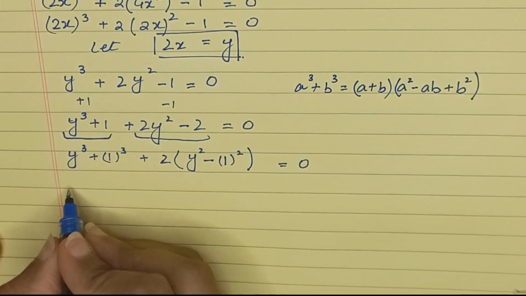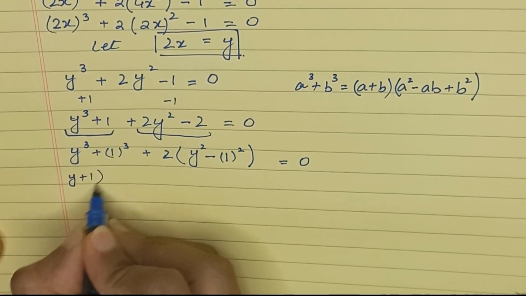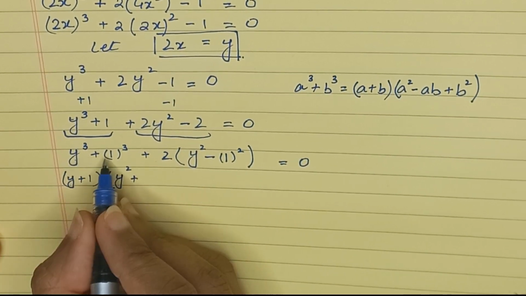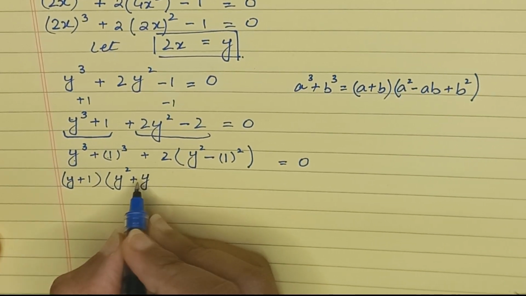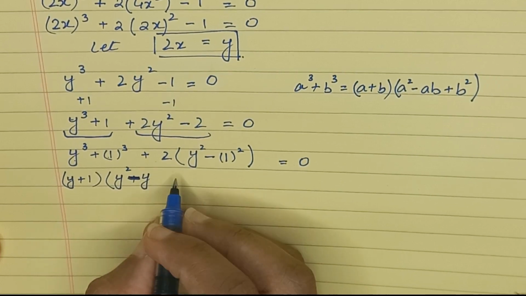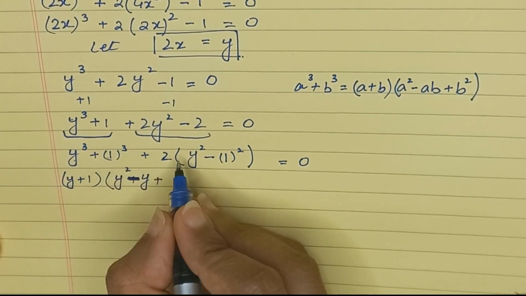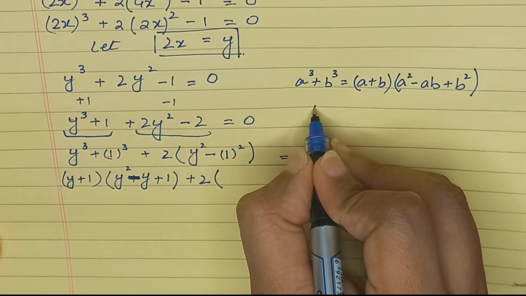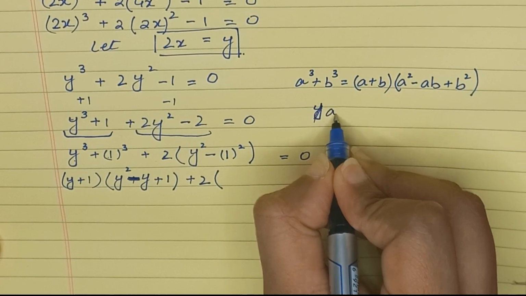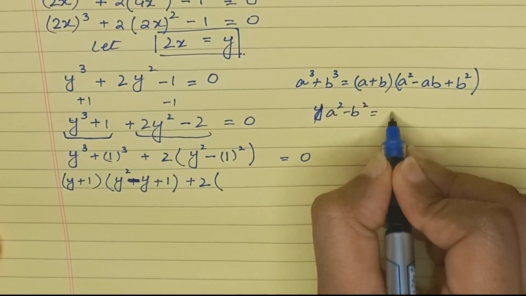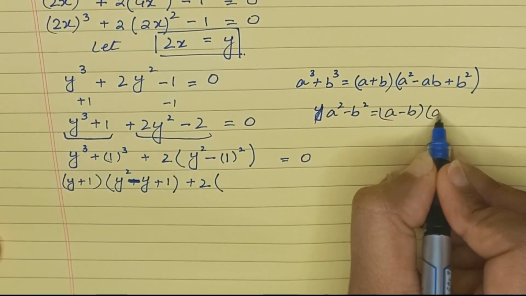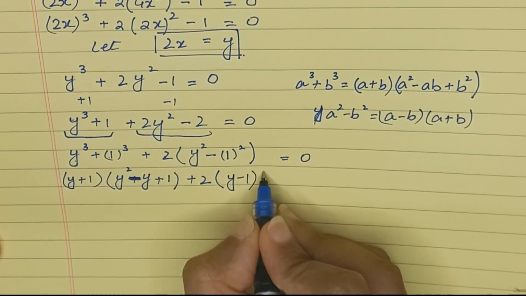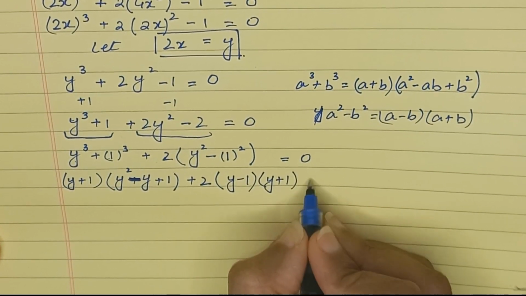So it will become (y plus 1)(y square minus y plus 1) plus 2, and a square minus b square is equal to (a minus b)(a plus b). So it can be written as (y minus 1)(y plus 1), which is equal to 0.